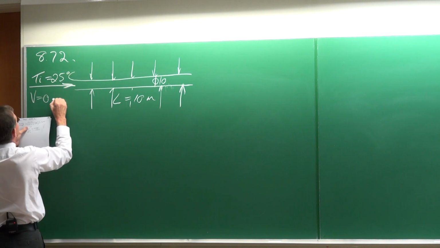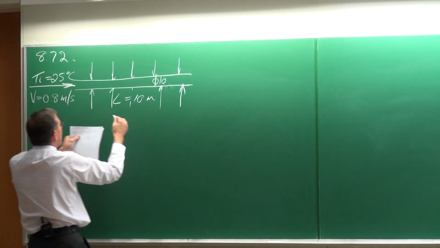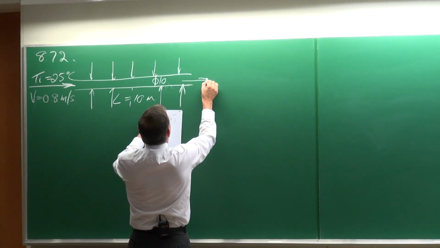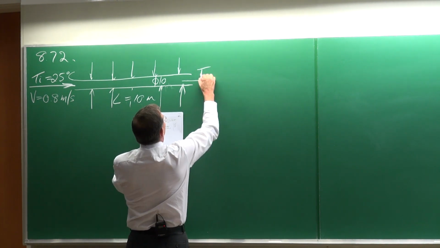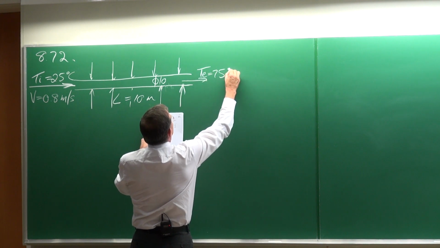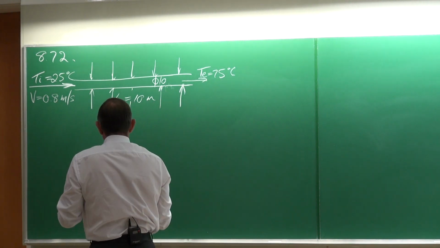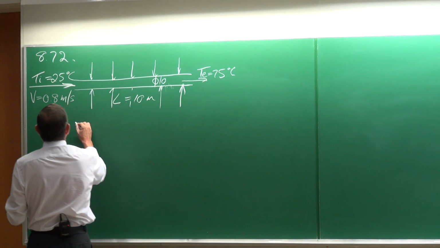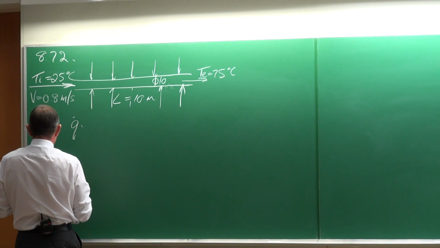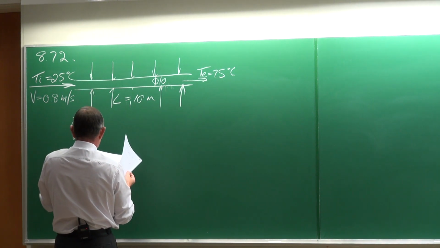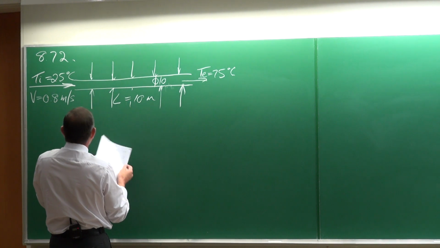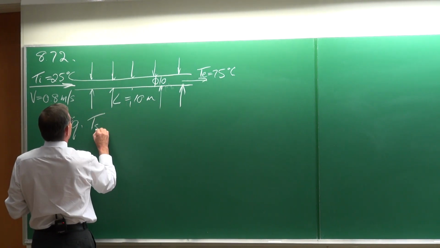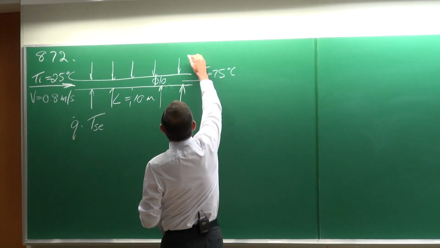The inlet velocity is 0.8 meters per second average, and the outlet temperature is 75 degrees Celsius, and they want us to determine the heat flux as well as the surface temperature at the outlet.